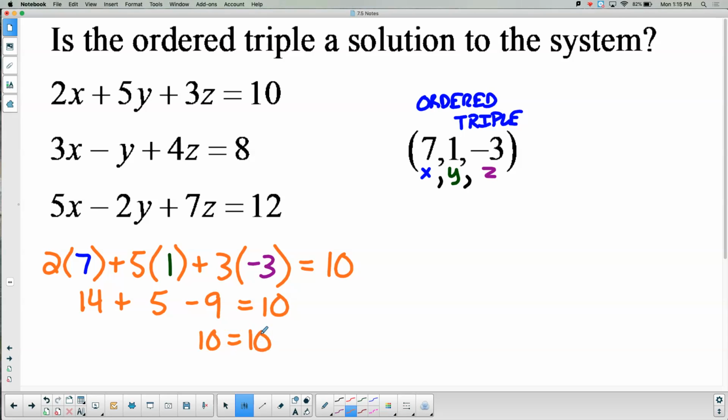So we have to go to the next equation to see if that works out.